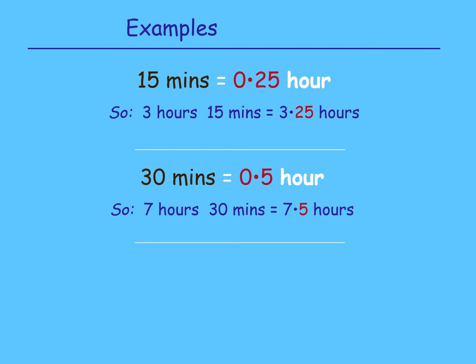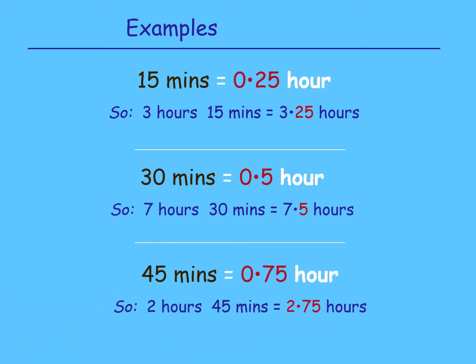So, 7 hours and 30 minutes is equivalent to 7.5 hours. 45 minutes is equivalent to 0.75 hours. So, 2 hours and 45 minutes is equivalent to 2.75 hours.